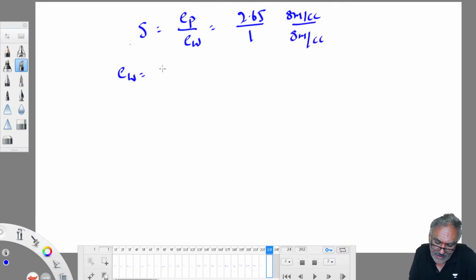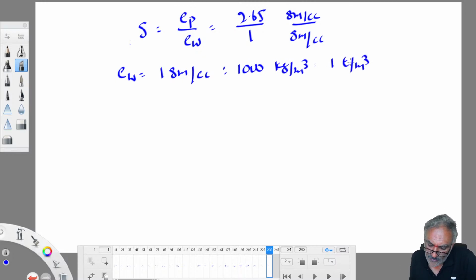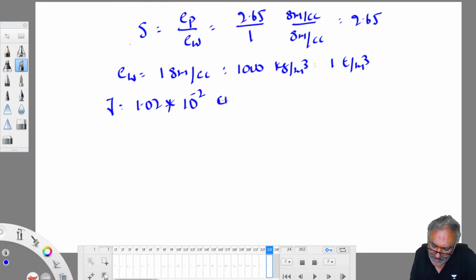Density of water is 1 gram per cc, which is also equal to 1000 kilogram per meter cube, which is also equal to 1 ton per meter cube. All are one and the same. Because he has given gram per cc, we took gram per cc only. 2.65 indirectly. Then, kinematic viscosity is given as 1.02 into 10 power minus 2.